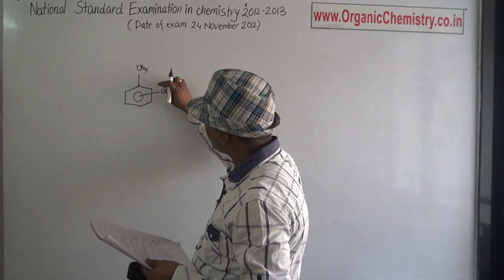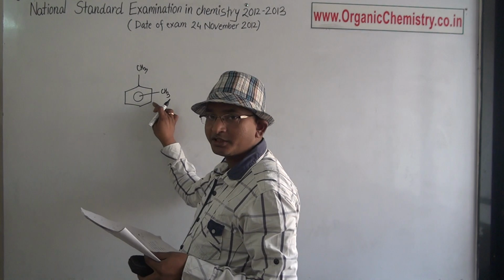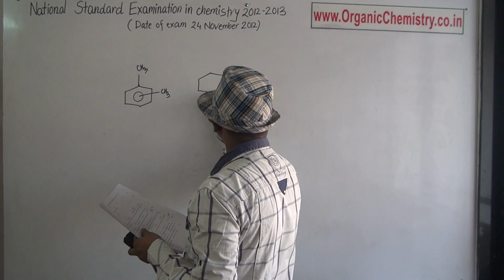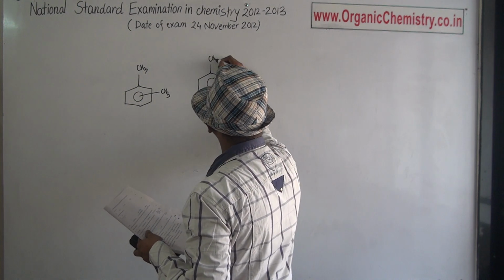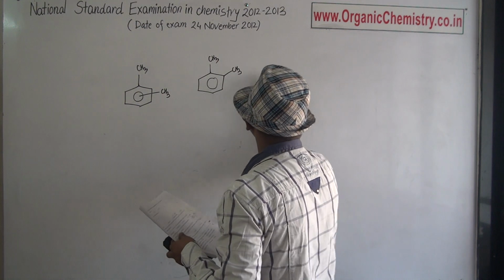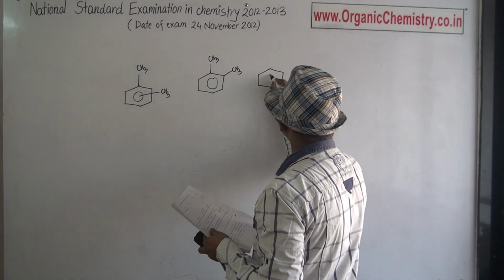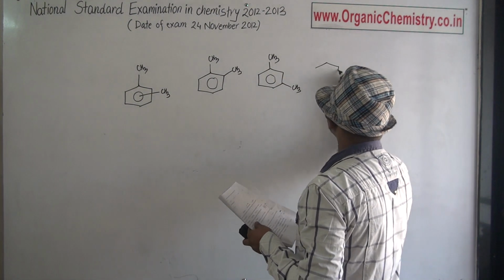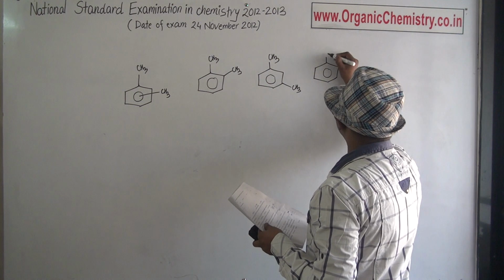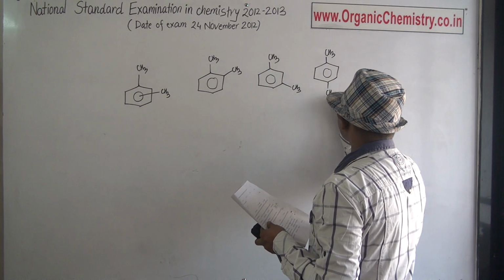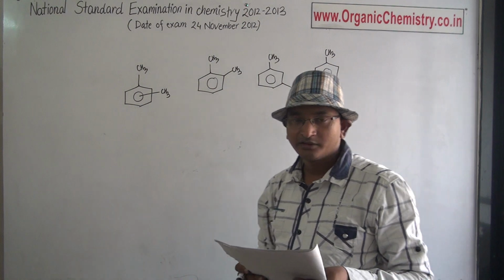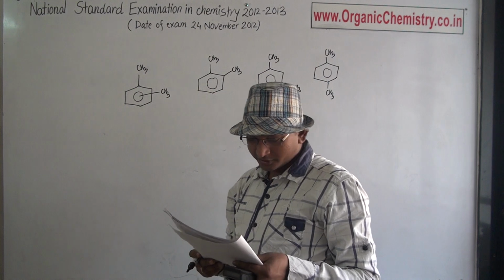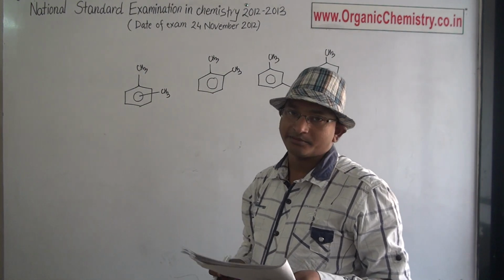The methyl groups may be at the ortho, meta, or para position, so there are three isomers of xylene: orthoxylene, metaxylene, and paraxylene. The question is, which isomer of xylene can give three different monochloro derivatives?